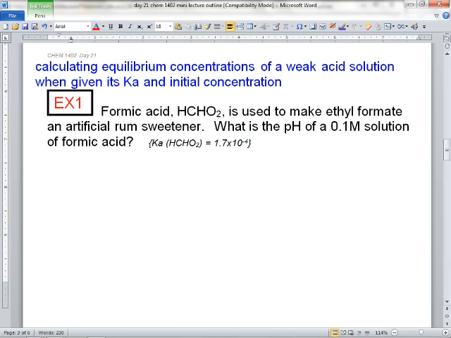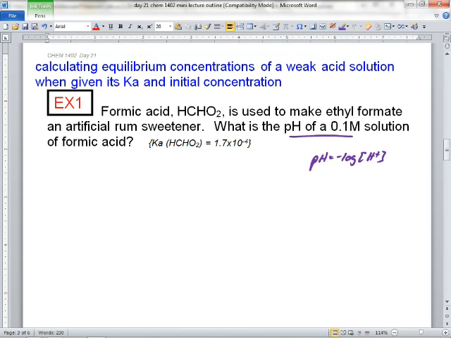Now, Victoria, why can't we just take... Because pH is negative log of H, right? Why can't we just take negative log of 0.1, Victoria, and be done? Because it's not a strong acid.